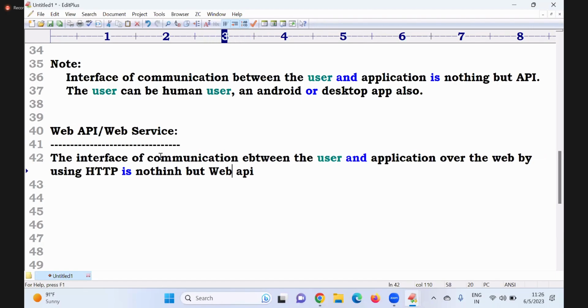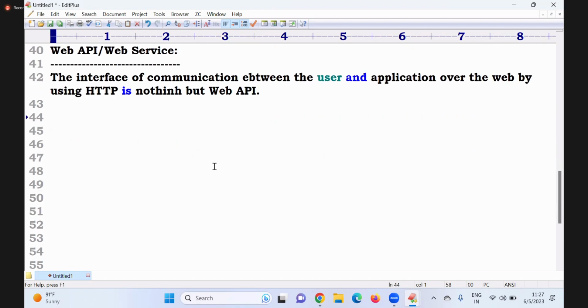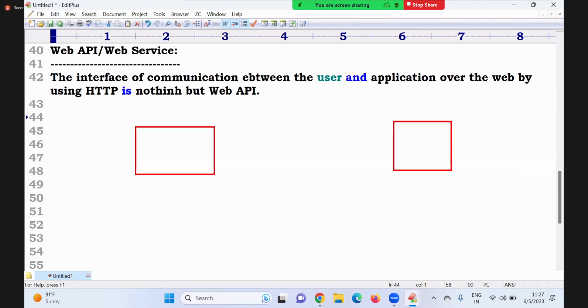Sir, what is API and web API? API is any application providing communication. Web API is nothing but, by using one common language HTTP, user to web application communication, that is called web API. For example, I have a Java application and one web application.